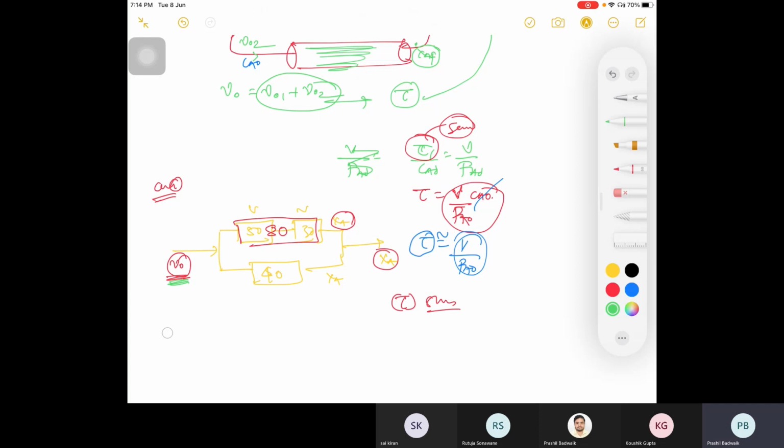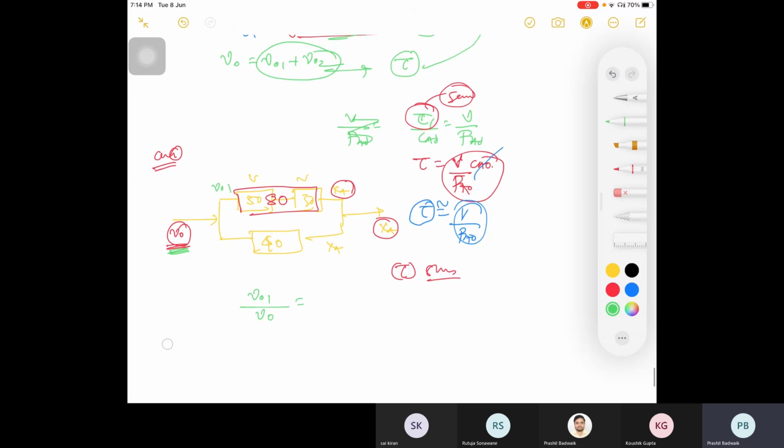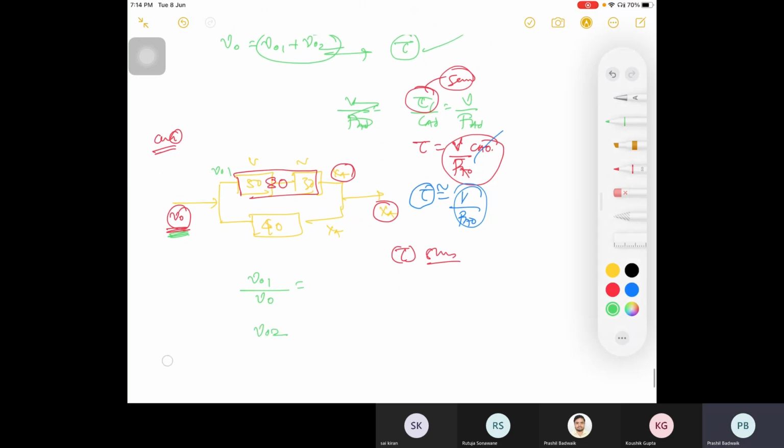So you will adjust your volumetric flow rate in stream 1 divided by the initial volumetric flow rate, and v02 divided by the initial volumetric flow rate. So it was like twice, and this is your half.